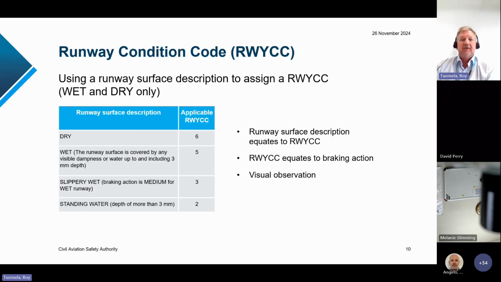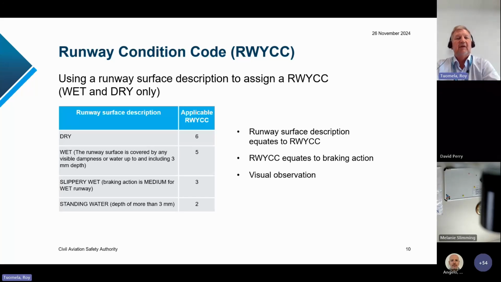So as I said, the runway condition code relates to the surface description. If you look at that table, you can see that a runway condition code number relates to an additional braking action.